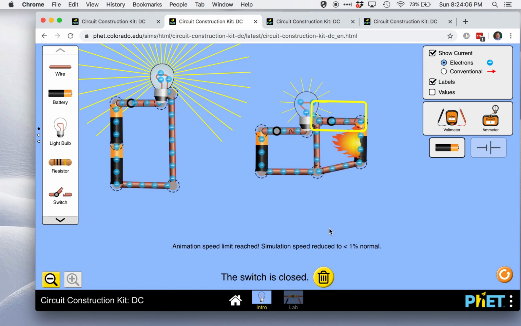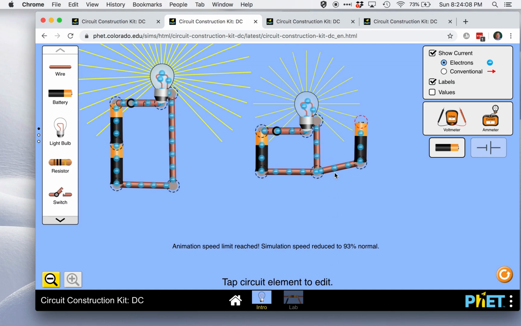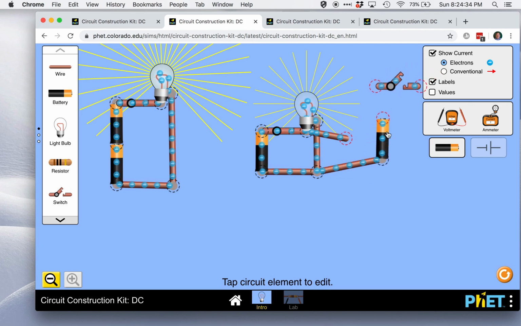That's what happens when you short circuit. All right, we got the side of the bulb hooked here. Let's see if the simulator will let me do this. Now we got to hook the bottom of there to our battery. Spread things out a little bit.